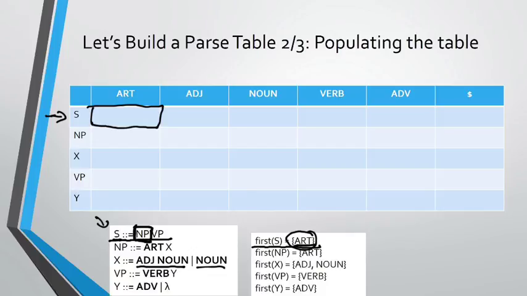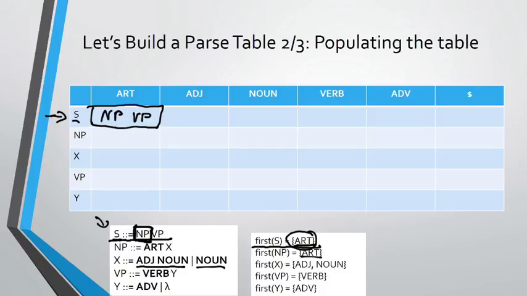So the first set for noun phrase is article, and so we know that we can place this production in this cell. Okay? So you'll notice that we're only writing the right side of the production. The left side is indicated already by the row that we're writing the production in, and by its identifying symbol. Okay, so we've dealt with S.